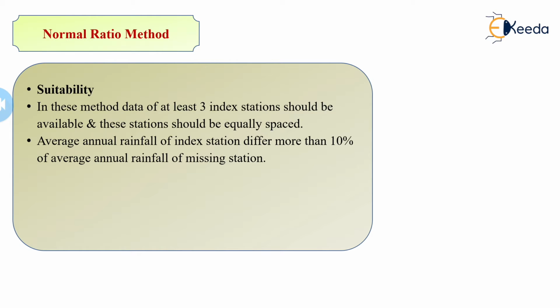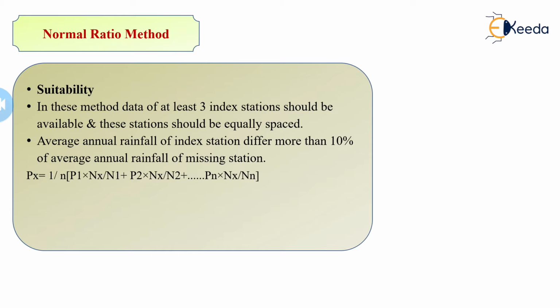The name itself tells us that normal ratio means we have to weight. In this method, the rainfall of the surrounding existing stations is weighted by the ratio of normal annual rainfall.